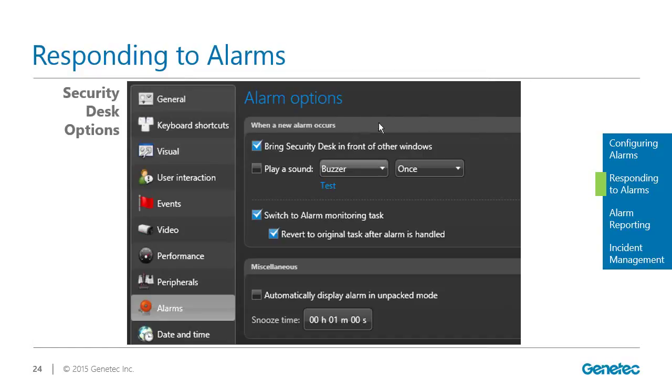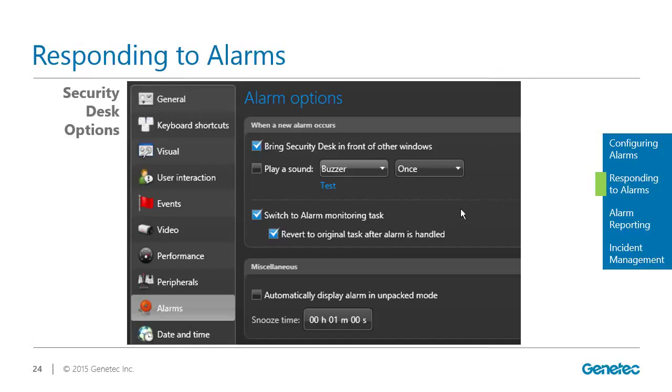For instance, when we get an alarm, we can specify whether we want to bring security desk up in front of other windows. So it could be somebody who's not usually monitoring the system, but if there's an alarm, then we really need to get their attention, and that'll pop the security desk up in front. We could specify to play a sound, and if we wanted to repeat, we can do that too.